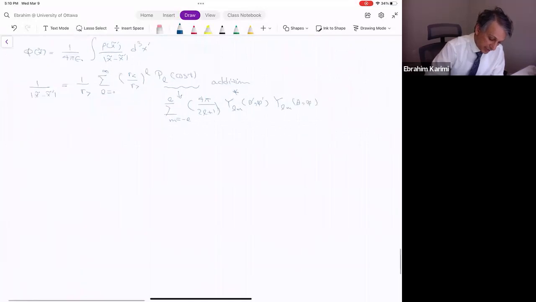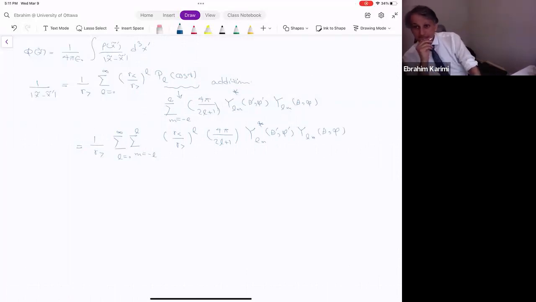So indeed, the entire expansion will be 1 divided by r greater, L from 0 to infinity, M from minus L to L, r smaller over r greater to the power of L, 4 pi divided by 2L plus 1, and then Y_LM star of theta prime and phi prime, Y_LM of theta and phi.